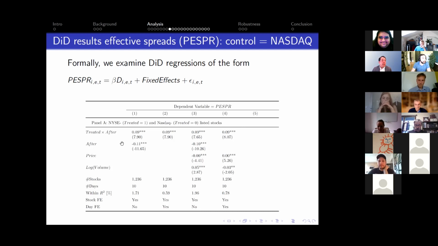And this ends up being about a 50% increase in proportional effective spreads for NYSE stocks relative to NASDAQ stocks, right? The other thing I want to point out is there's this great paper by Emily Oster where she provides ways to assess whether or not your results are susceptible to an omitted variable bias.